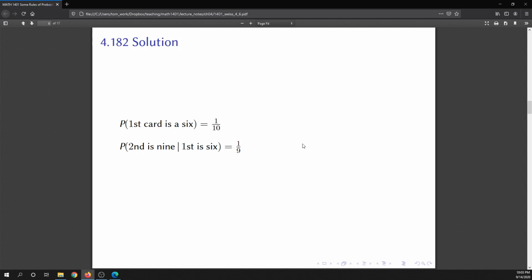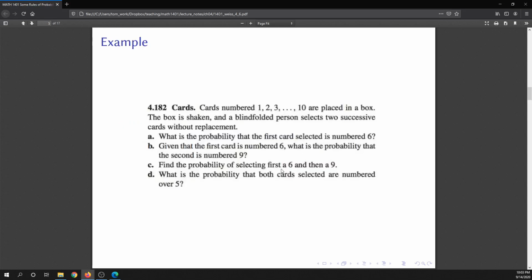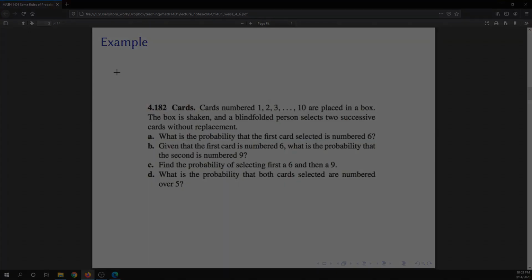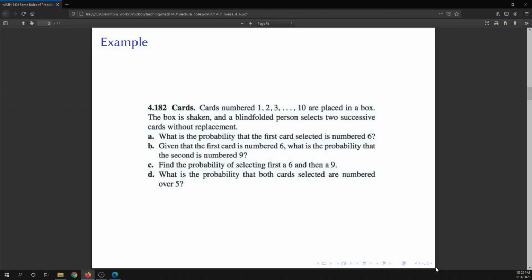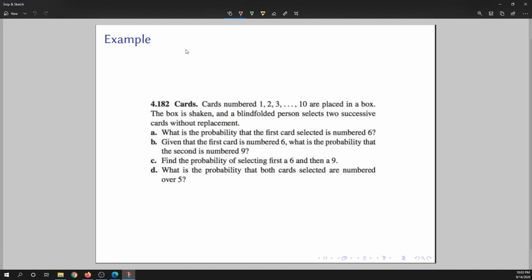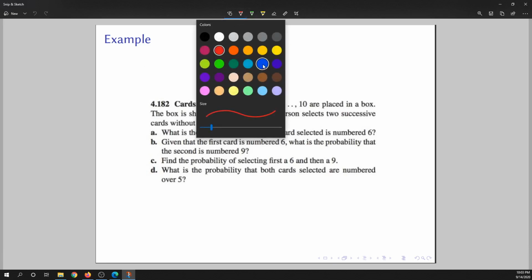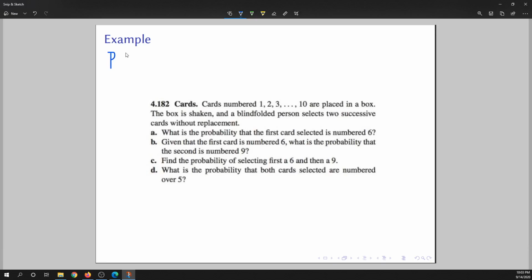All right, let's take a look at part C. In part C it says find the probability of selecting first a 6 and then a 9. So we want the probability that the first is 6 and the probability that the second is a 9.